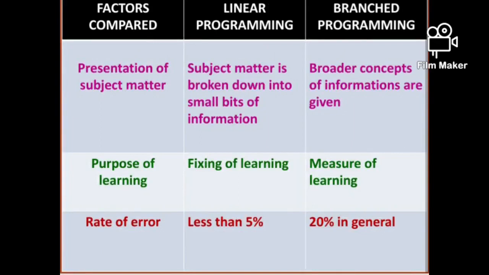In branched programming, broader concepts of information are given. Purpose of learning in linear programming is fixing of learning. In branched programming, the purpose is measuring of learning. Rate of error for linear programming is less than 5%, whereas it is 20% in general for branched programming.